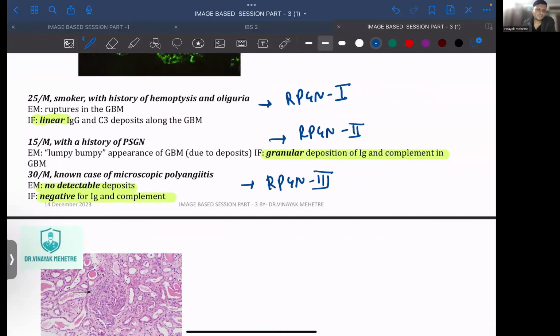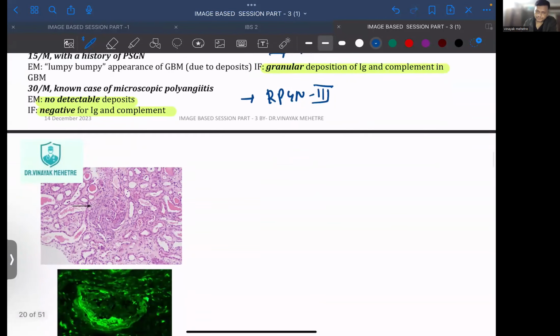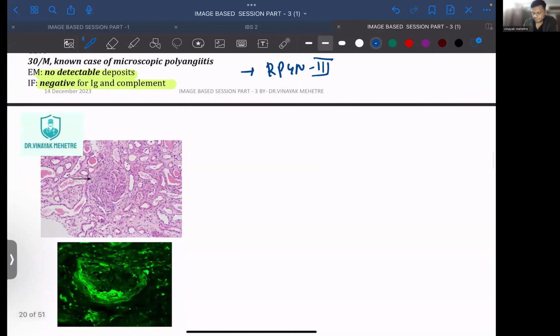Now tell me, type 3 RPGN is associated with which one? You know this one. We have seen the associated syndromes with type 1 and type 2, but remember, RPGN type 3 is associated with ANCA. They are ANCA positive, right?